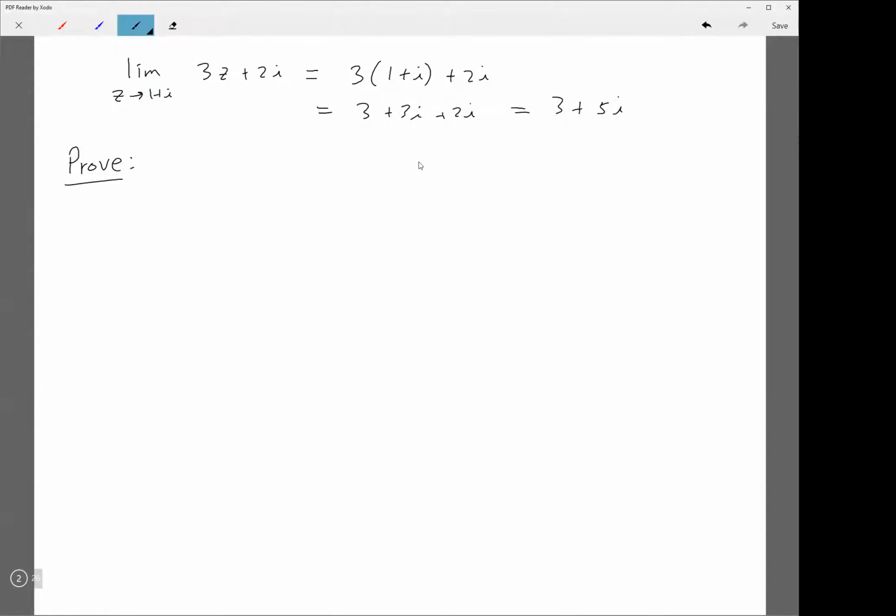But to prove it is a little bit more difficult. Here's how I like to organize proofs. I like to have the proof over here, and over here is just some scratch work. If you're doing a limit proof, the first thing you do is let epsilon be greater than 0. You work backwards, but you can't write it backwards, you have to go forward.